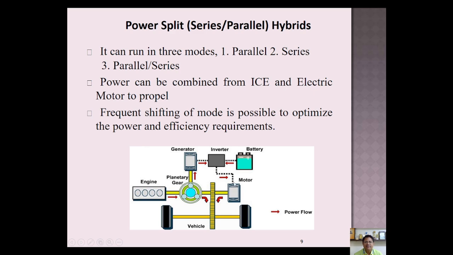So three ways it can operate. Regeneration will also be possible here. That regeneration during braking will be used to store energy in the battery or to increase the storage of the battery. So that can be done through this regenerative braking system.